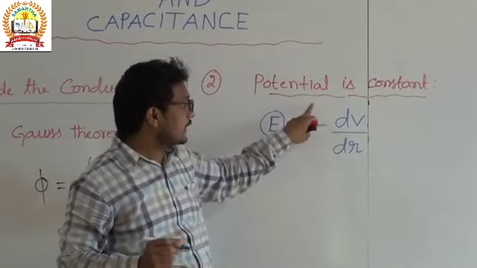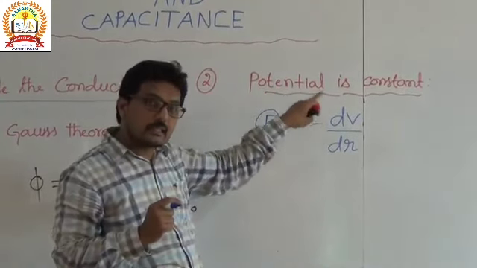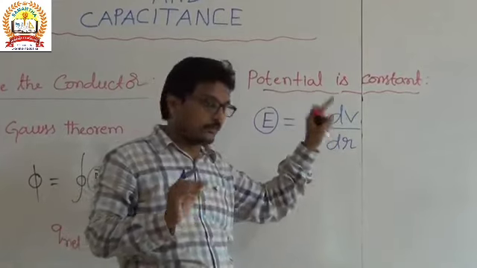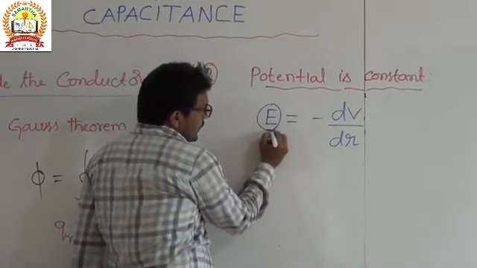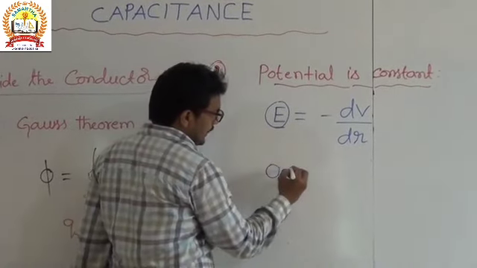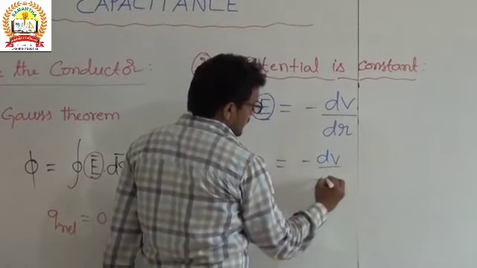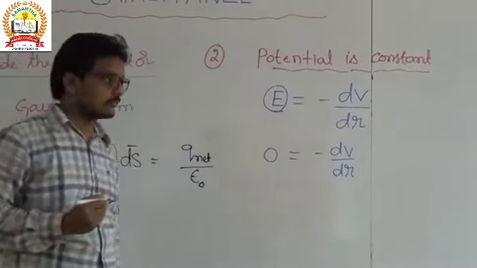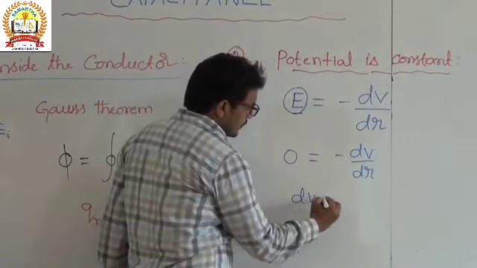Listen carefully: potential is constant inside the conductor, and that will be equal to that on the surface of the conductor. So the electric field is zero inside the conductor, which means E equals 0, which is equal to minus dV by dr. Then dV is equal to 0.